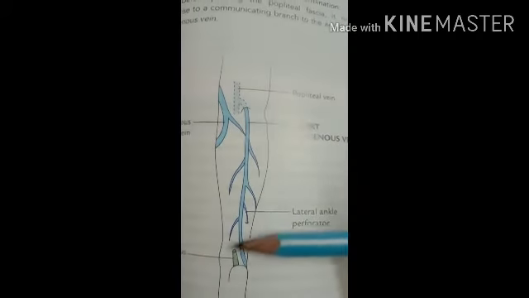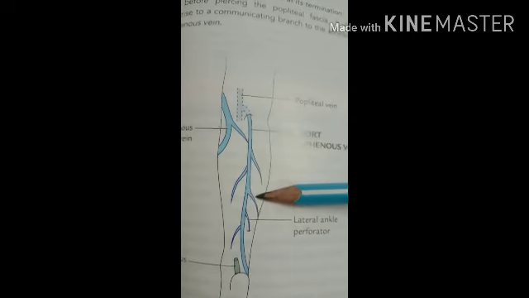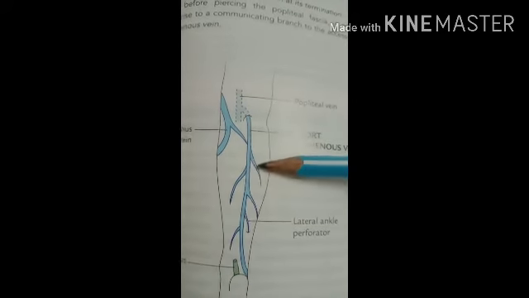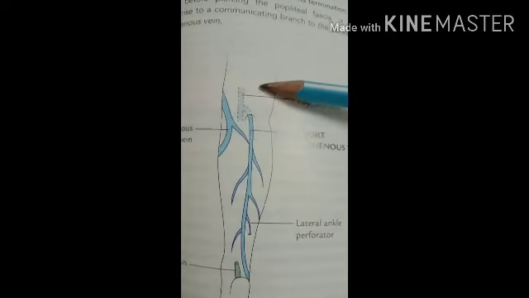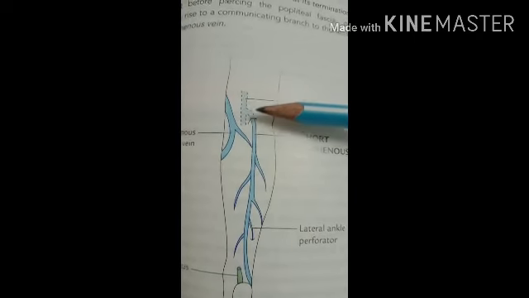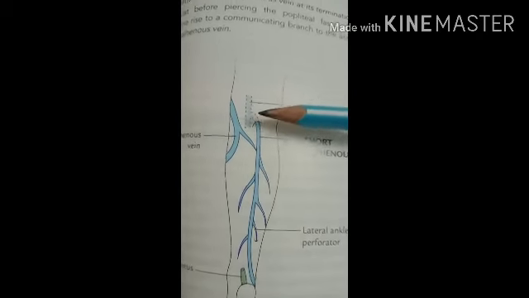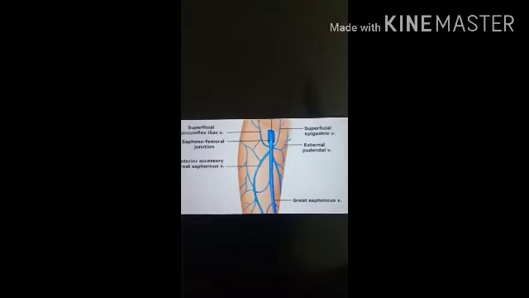And the small saphenous vein consists of about 7 to 13 valves. Okay, the posterior femoral cutaneous nerve accompanies the upper part of the vein while passing from the deep fascia to the superficial fascia. Okay, so that is the small saphenous vein.